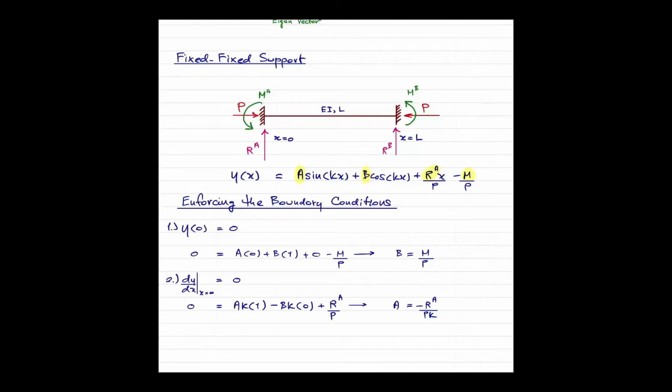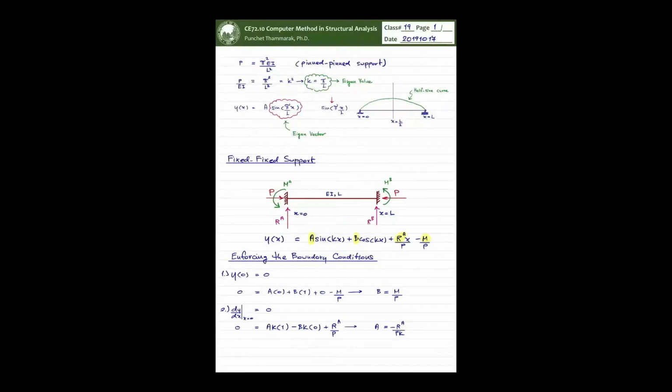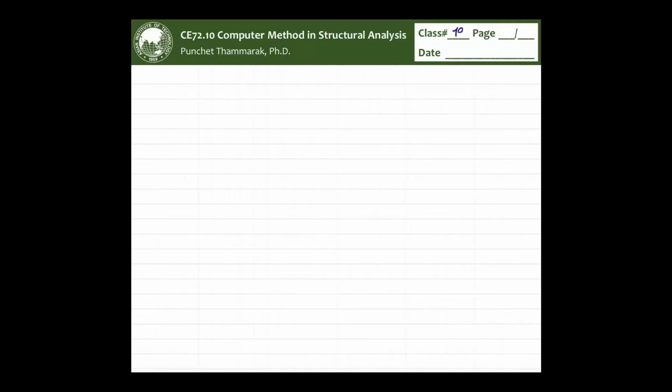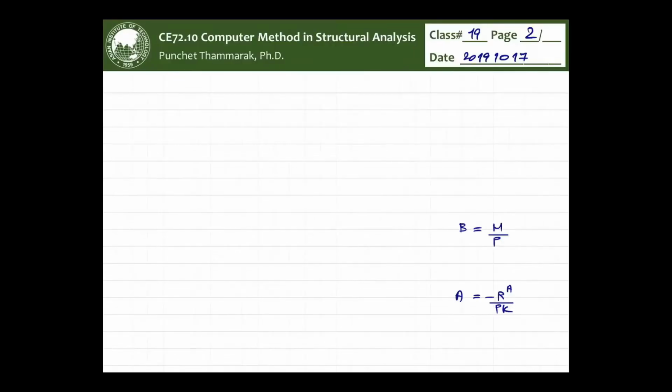So let me just copy this to the next page. Class number 19. I'll put it somewhere here. So the third boundary condition is y at L equal to 0.